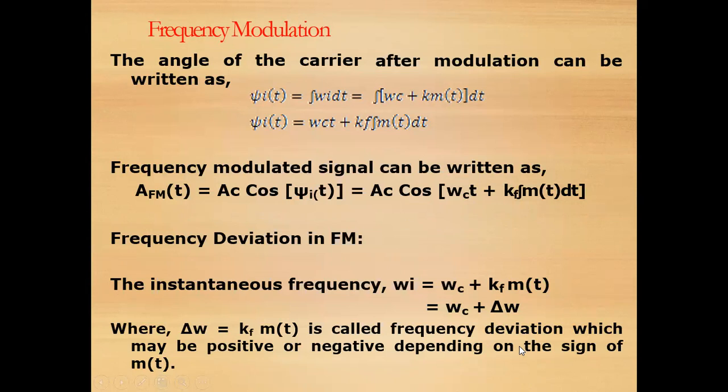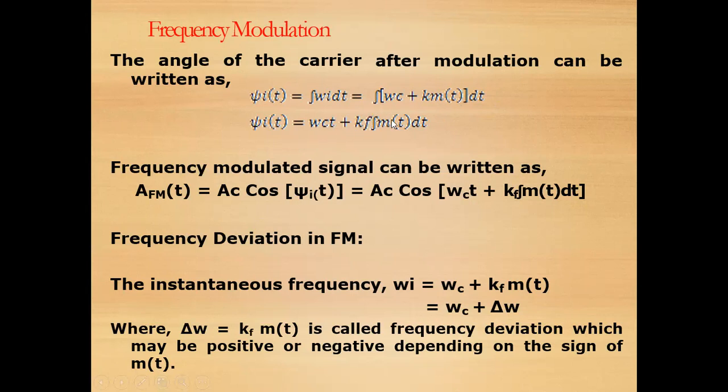Coming to the angle of the carrier signal after modulation, there will be instantaneous variation of frequency. So phi of t, which we represented previously, equals integral of omega i dt. That equals integral of omega c plus kf into m of t dt. We are replacing omega i with the formula.